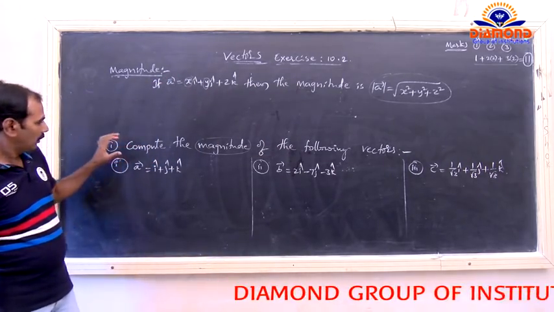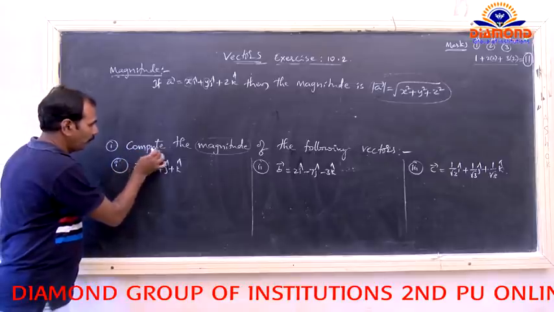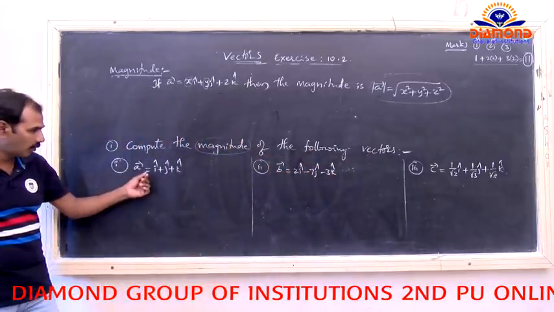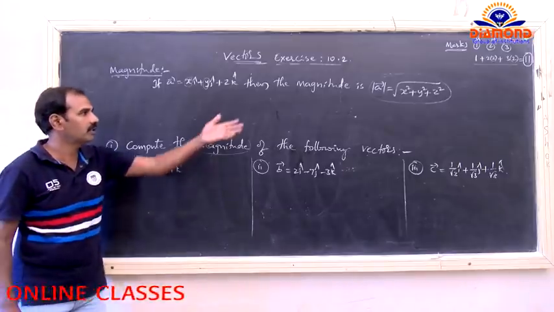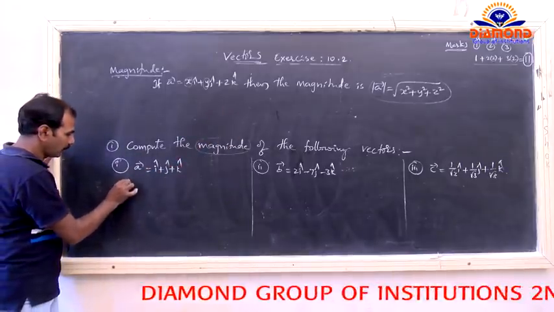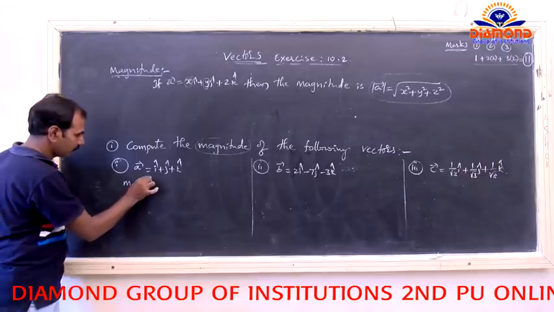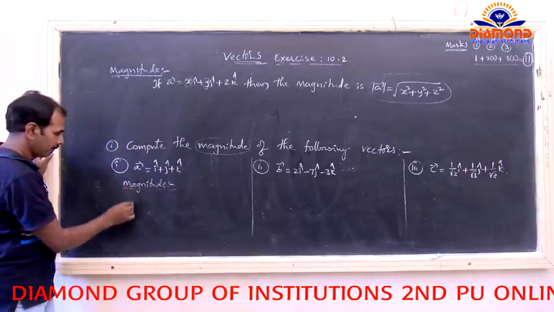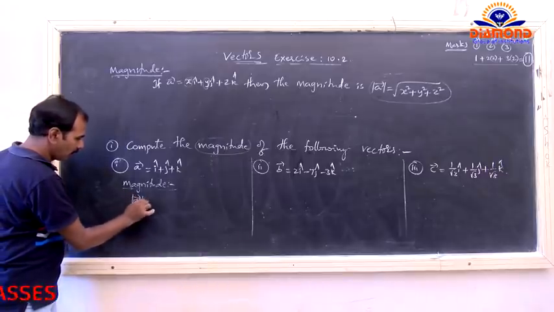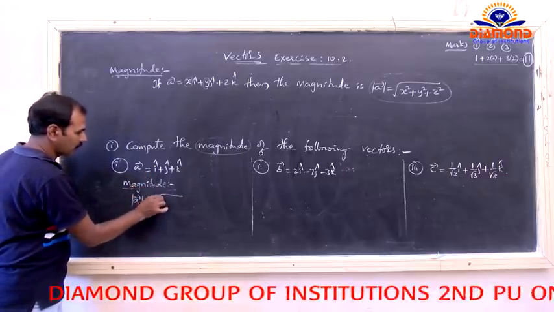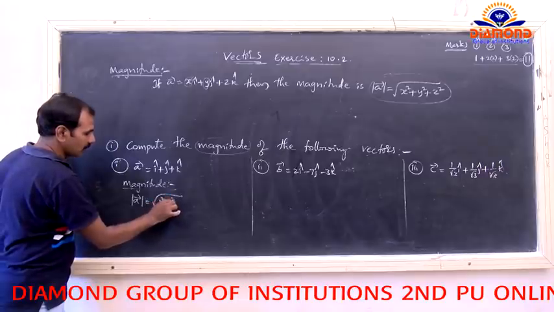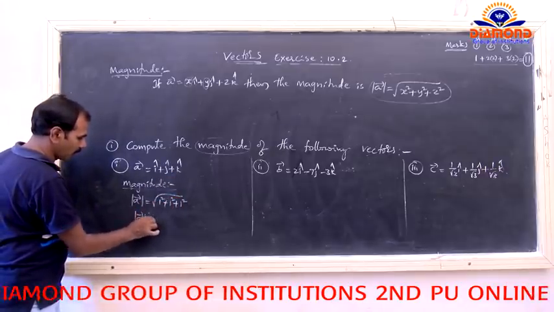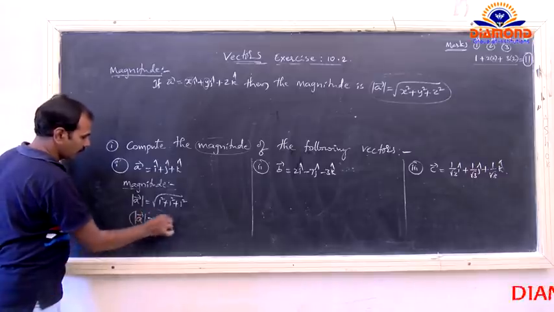So here, compute the magnitude of the following vectors. So simple. A bar equal to i cap plus j cap plus k cap is given here. So magnitude, formula you know already. Magnitude of A equal to square root of i component 1 square, j component 1 square, k component 1 square. So magnitude of A equal to square root of 3.